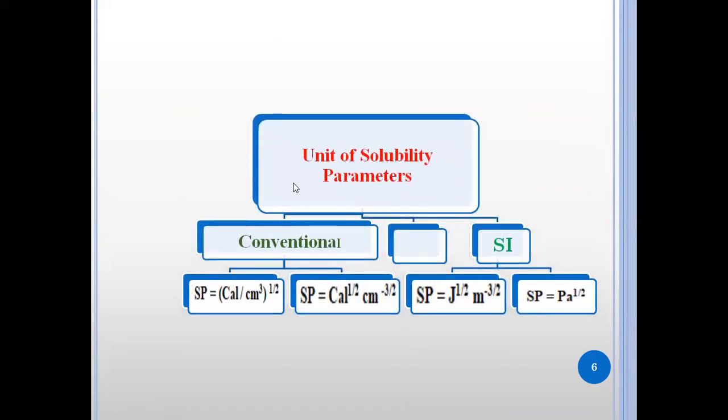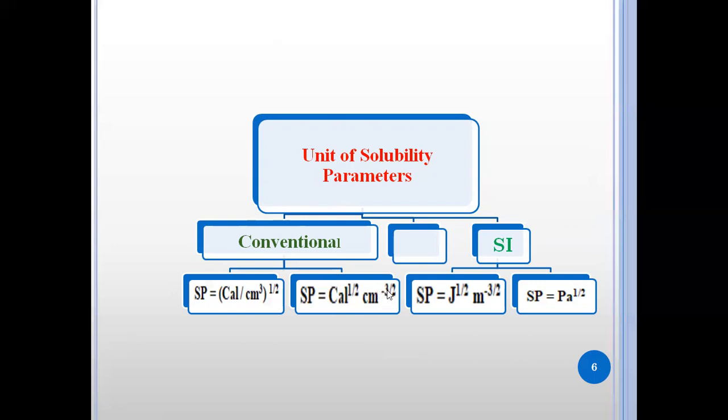Now we'll see the different units of solubility parameters. There are two types of units, presented in conventional mode or SI mode. In the conventional way, solubility parameters are given by (calorie per centimeter cube) whole to the power of 1 by 2, which can again be written as calorie to the power of 1 by 2 into centimeter to the power of minus 3 by 2.